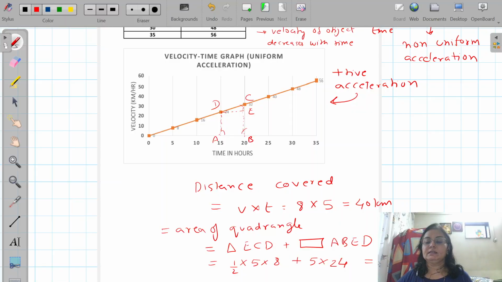So if we calculate this, it will be 40. So the distance covered will be the area of this particular quadrangle, which is the area of this triangle CED, half base into height, and the area of this rectangle, which is length into breadth, which is 5 into 24.